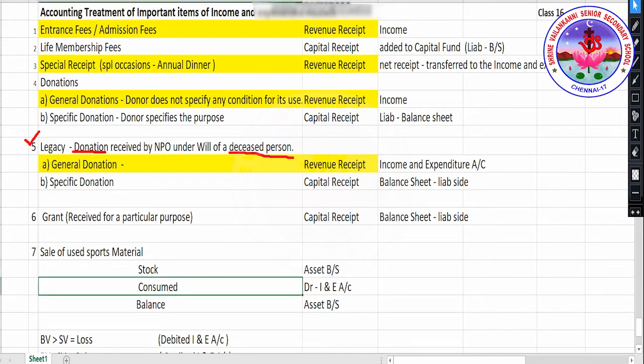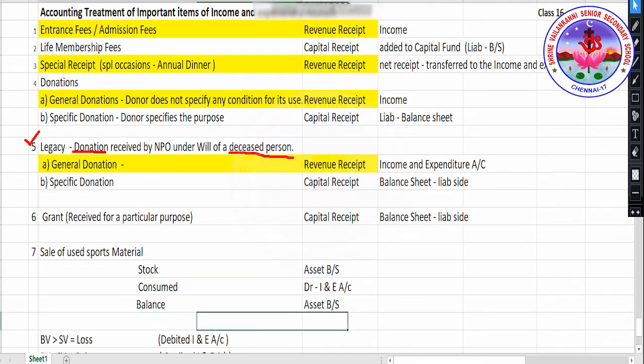If you consume it, for example shuttle cocks, which do not last long, maybe two or three months, then you need to show it on the debit side of the income and expenditure account. You know that the debit side belongs to expenditure.